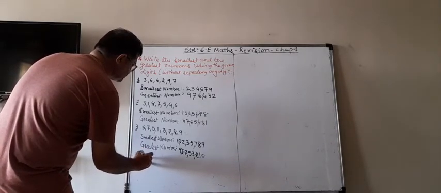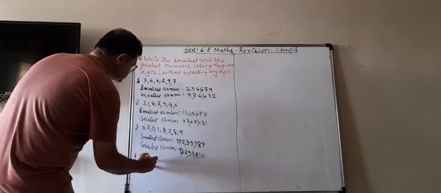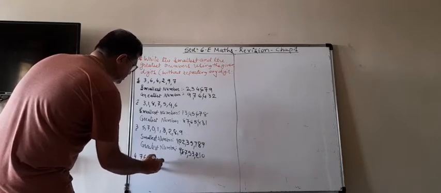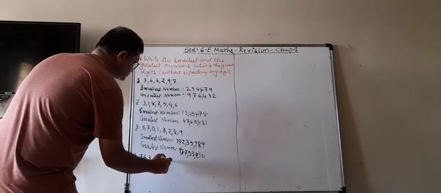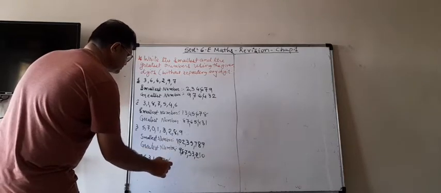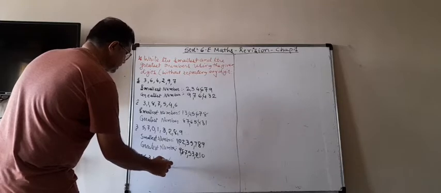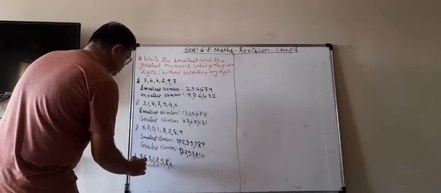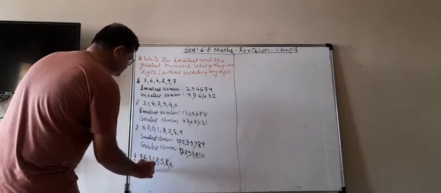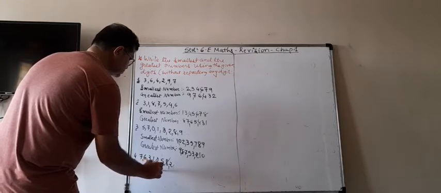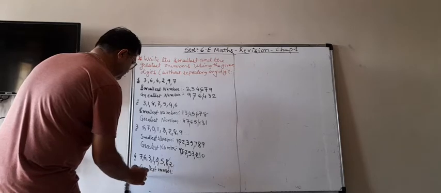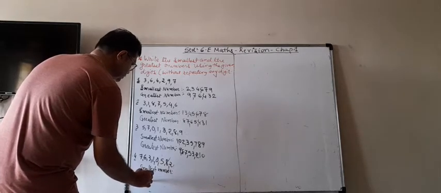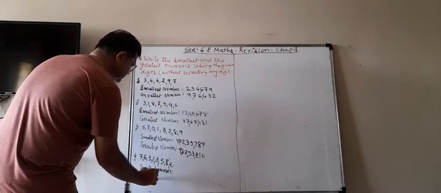Let's take another one: 7, 6, 3, 1, 0, 5, 8 and 2. So the smallest number and the greatest number.